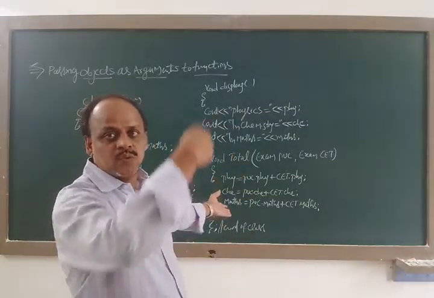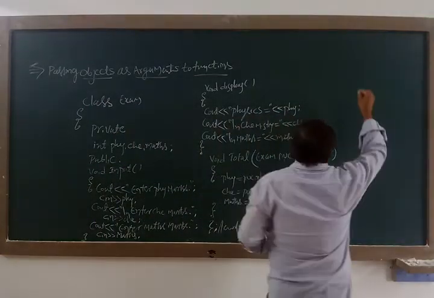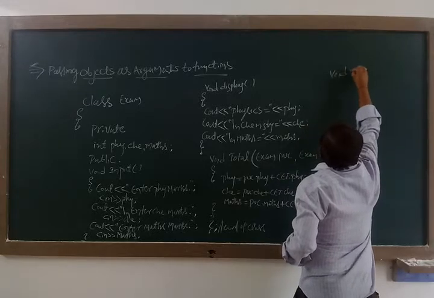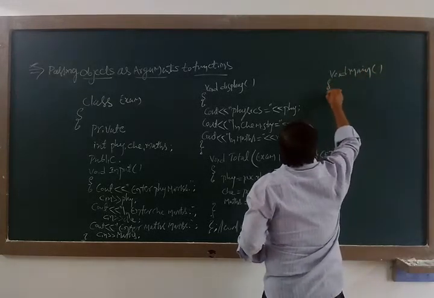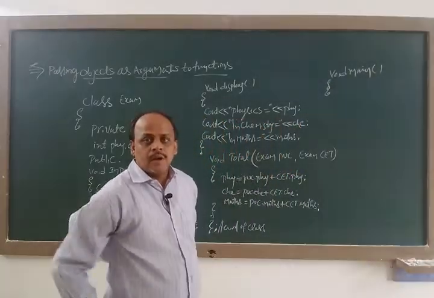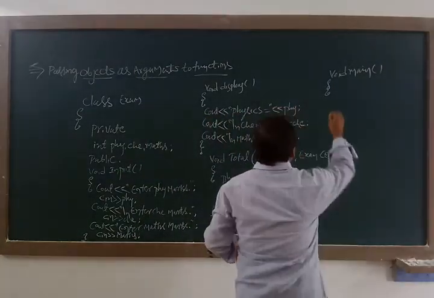After closing class we have to consider void main function, right? So in the main function, what is the first step? Object declaration. So what is the class name? Exam.